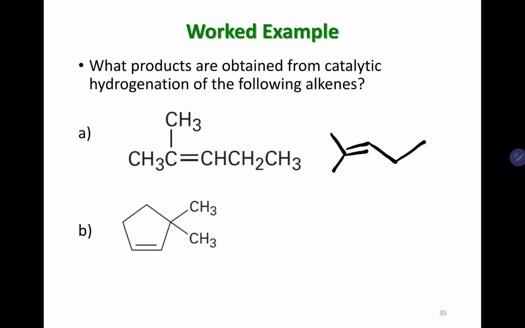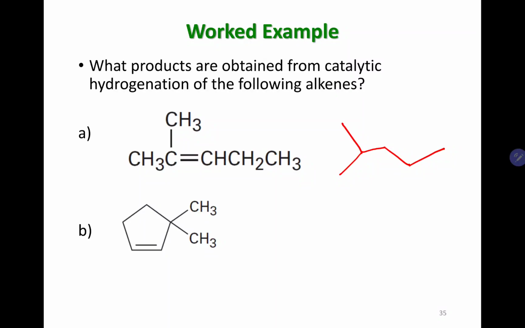So this is the first molecule that you have. When you want to do the hydrogenation reaction, you will simply erase the double bond. So basically erase one bond. So the answer will be this. This is your answer.